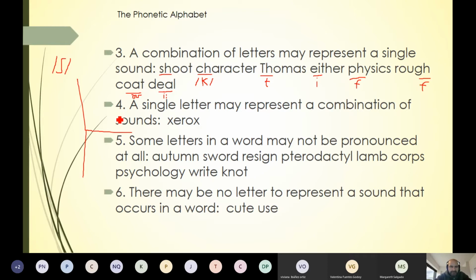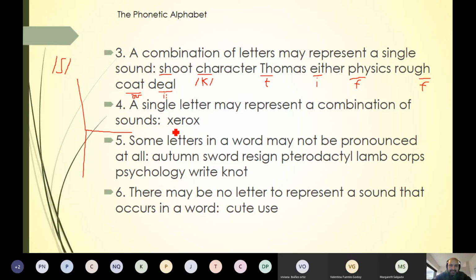In number 4, read by Viviana, a single letter may represent a combination of sounds. Xerox, which is a trademark, turned out to be an action. It's like to photocopy. Just like when we say Confort, we talk about Confort, which is a trademark, and it's actually toilet paper. Xerox turned from a trademark into an action, to photocopy.